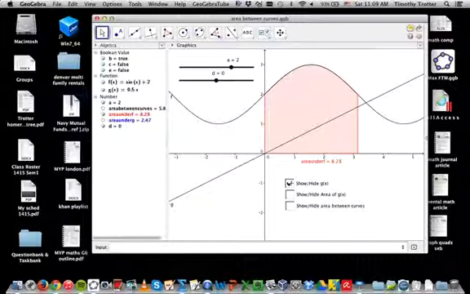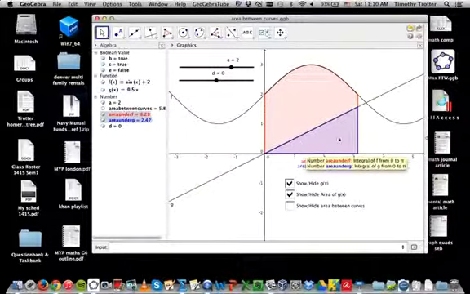So I have the sine function, and this function 0.5x, this linear function. What I want to do is find the area underneath the sine function, but above this line. To do that, I would find the area under my sine function, which is here in red. I would find the area underneath my linear function here, which is in blue, which kind of looks purple here because it's on top of the red.